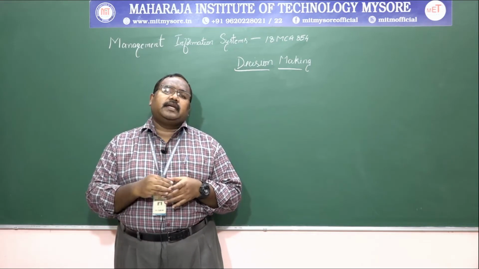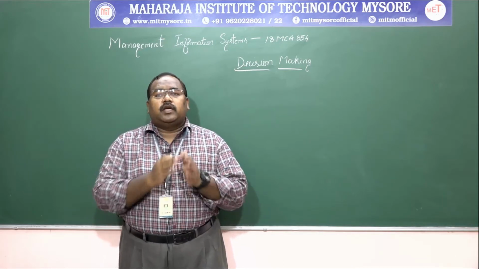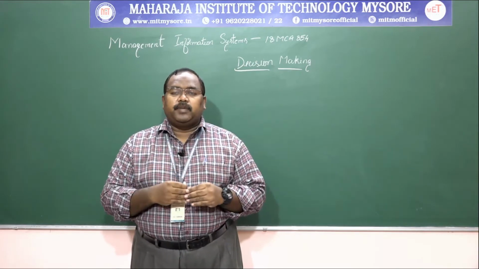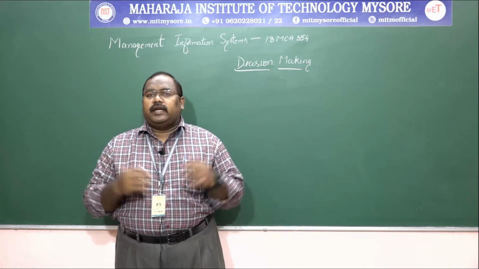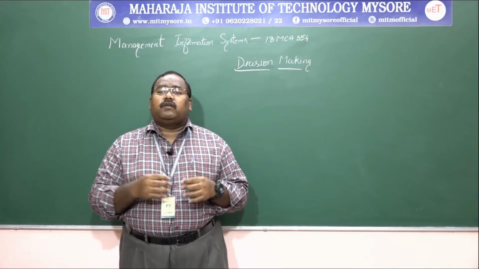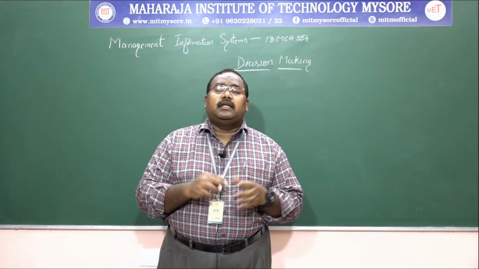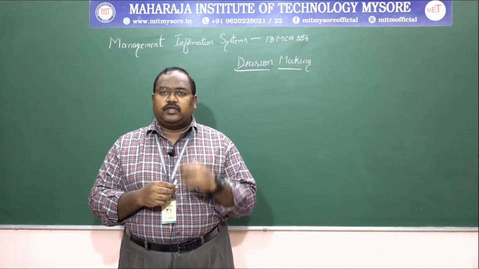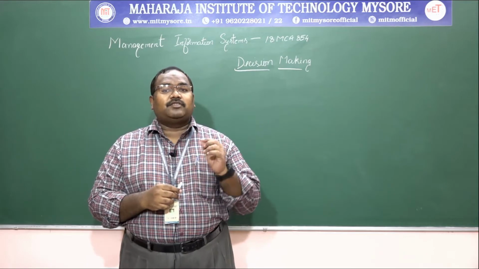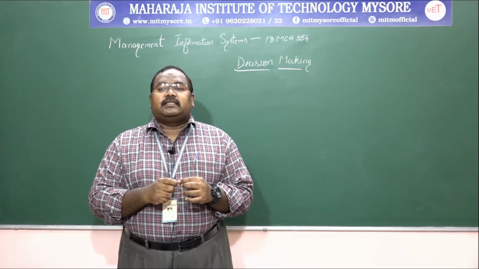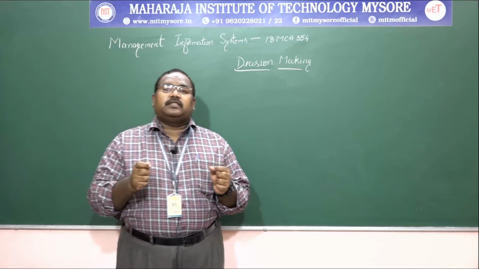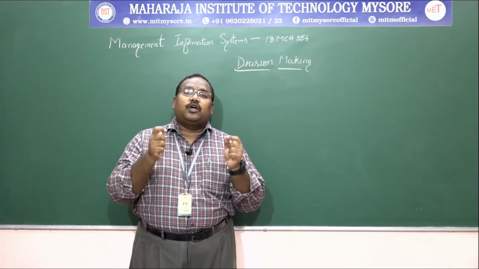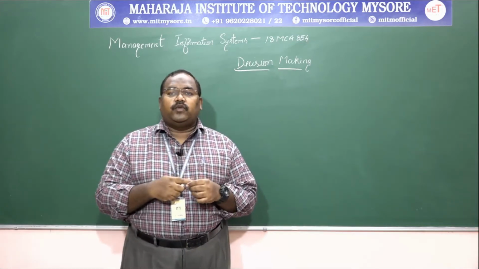We started with information, a clear differentiation between information and data was made, the importance of information was discussed, and the various concepts and characteristics that constitute information were covered in the previous session.